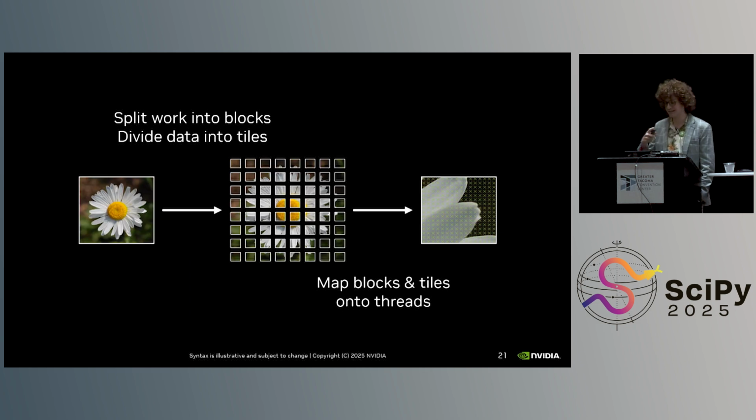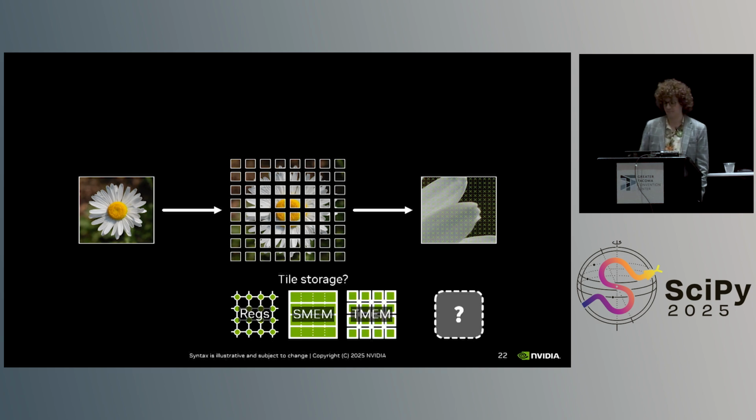In both SIMT and tile programming, the user is responsible for splitting the computational work into blocks and dividing the data into tiles. The key difference between SIMT and tile is who is responsible for mapping blocks and tiles onto execution resources and memory. Once you've partitioned your work and data, exposing parallelism, there are still decisions to be made. What elements of data will each thread work with?